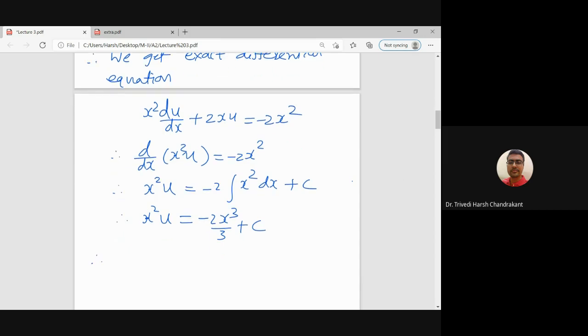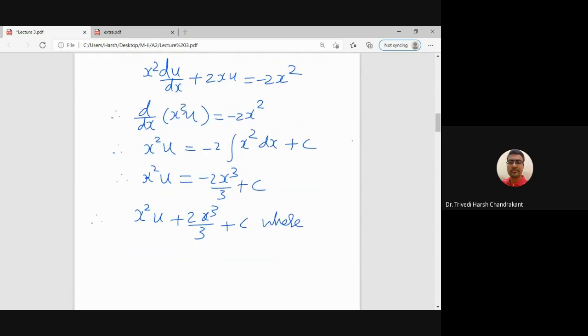So therefore what we get is x square u plus 2x cubed by 3 is equals to c, where what is our u function? Our u of x function is y power minus 2, right?